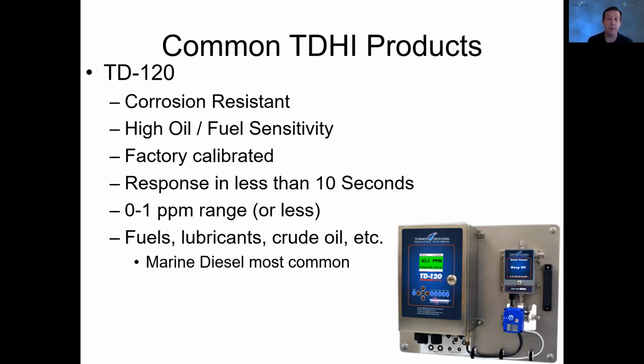It has a calibrated range of 0 to 1 parts per million, and it'll detect any fuel, lubricant, crude oil, or other hydrocarbons in the water. We commonly see marine diesel as the most likely source of contaminant because every ship that passes in front of a desalination plant or near there has marine diesel as their fuel source.